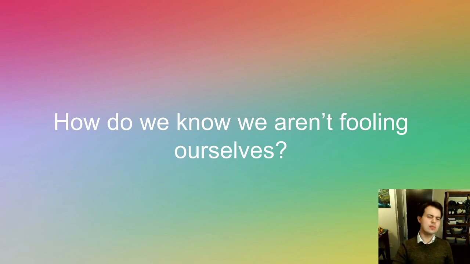Now, one question you might ask is, how do we know we aren't fooling ourselves? It seems like we're staring at all of these weights and all of these neurons, and it might be very easy to fool ourselves. Of course, there are some basic things we can do. We can try to be really rigorous, making sure that when we talk about a neuron, we've really carefully investigated it, especially if it's something that we care about a lot.